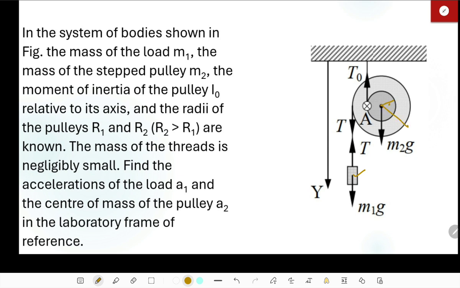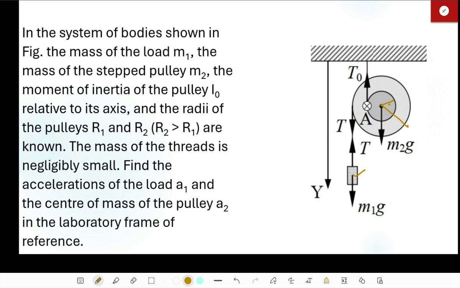R2 is greater than R1. I guessed it right. The mass of the threads is negligibly small. Find the acceleration of the load A1 and the center of mass of the pulley A2 in the lab frame of reference.